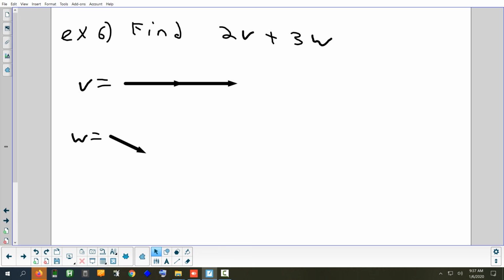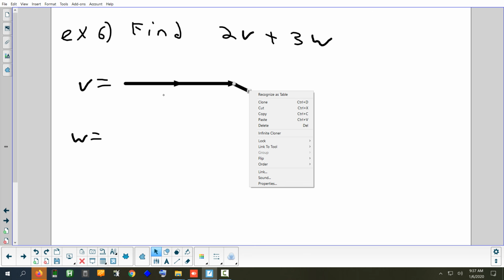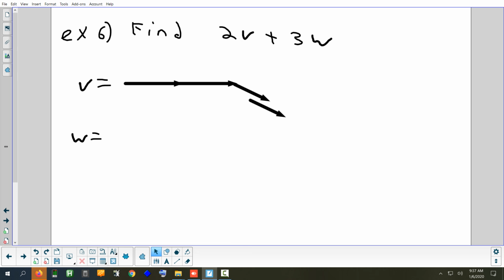What does it say to do? What are you adding onto 2v? 3 of the w's. Okay, so take the w, make 3 of them, and just put them on the end. There's 2v plus w. There's another one, and one more.